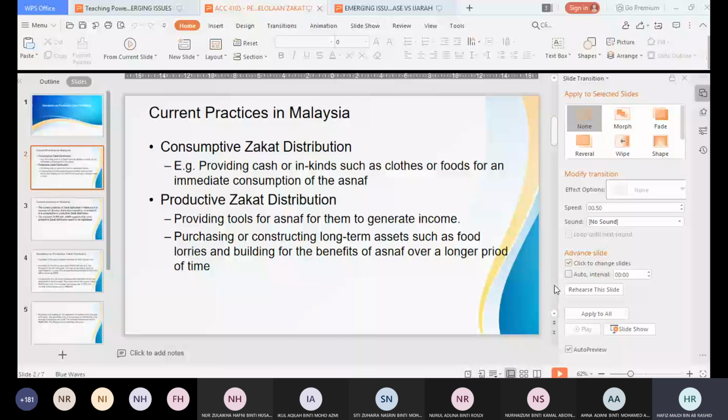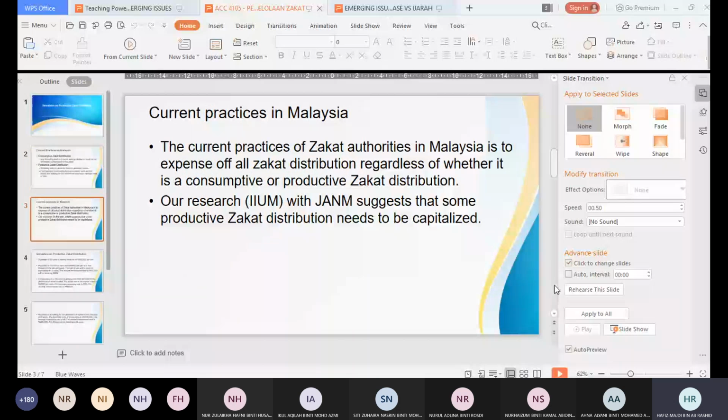The problem with regard to zakat distribution is that the current practice of zakat authorities in Malaysia is to always expense off all zakat distribution, regardless of whether it is consumptive or productive.